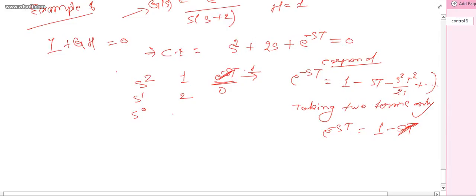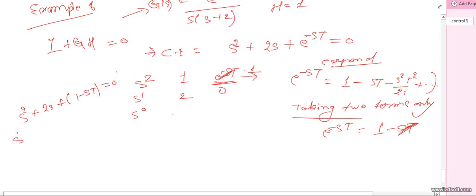Okay, let me just rewrite the equation: s square plus 2s plus 1 minus sT, taking the two terms here, this is equal to 0.